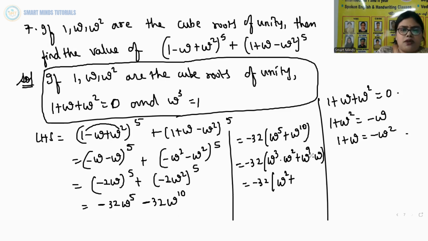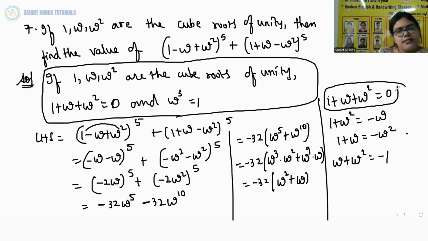Omega power 9 is 1, so 1 into omega is omega. But also from this condition, we can write omega plus omega square is minus 1. If I take 1 that side, it becomes minus 1. If I take omega that side, it becomes minus omega. If I take omega square that side, it becomes minus omega square. So that is minus 32 into minus 1. Answer is 32.